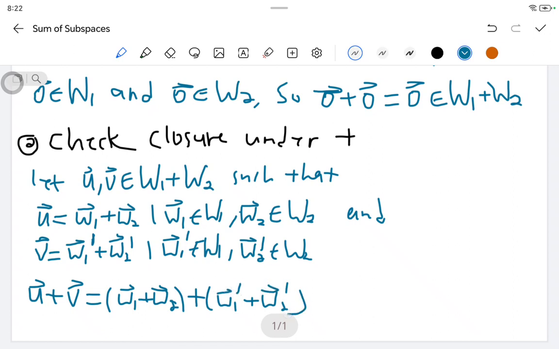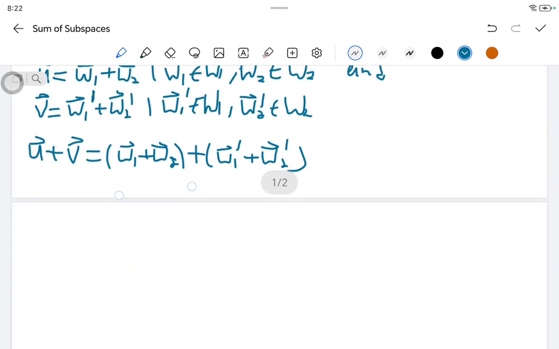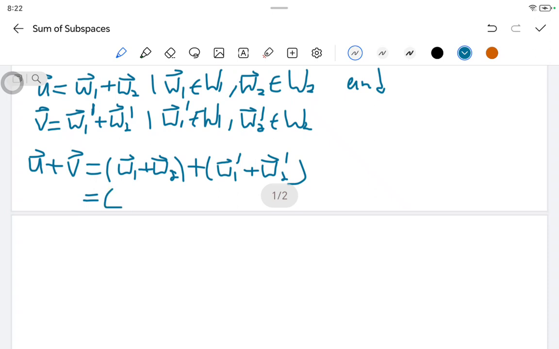I only want the ones that are in W1, so I add them together: w1 plus w1 prime, and then w2 plus w2 prime.